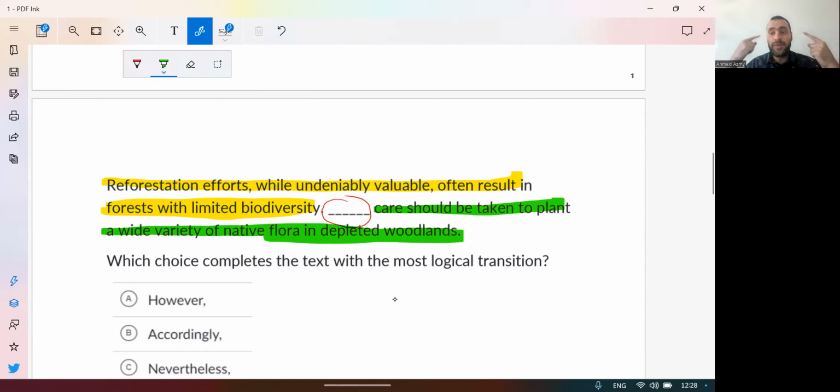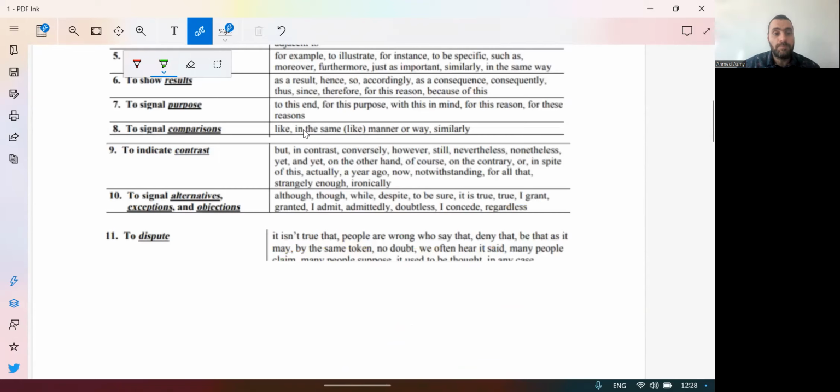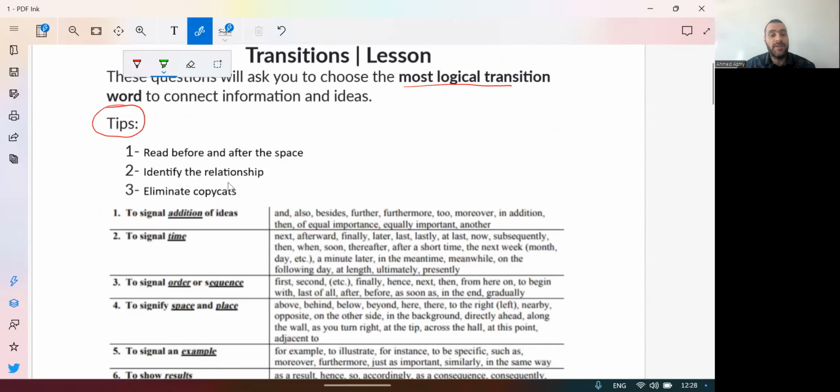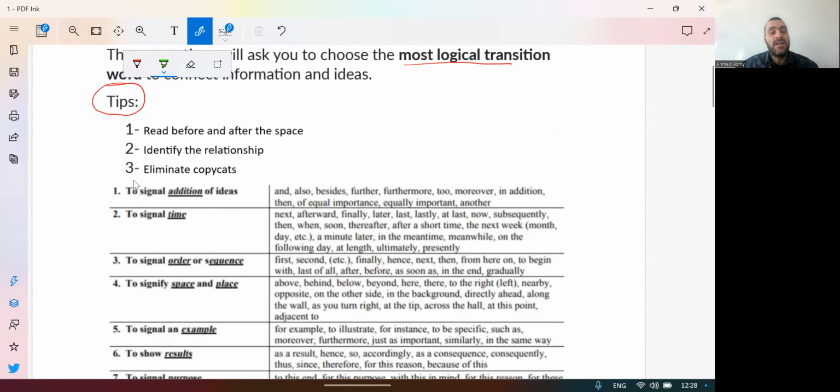You try to figure out the relationship between both parts, then you go through the choices and choose the best transition word. Identify the relationship, and this is something which is very important.